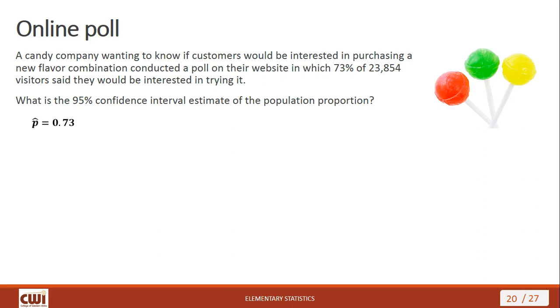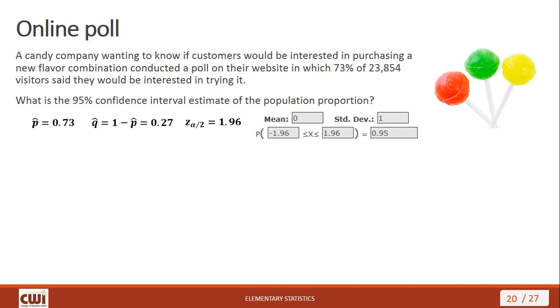Well, first we're going to get our point estimate, p hat, which is 0.73. This is the 73% who said they would be interested in trying it. The complement of that is going to be q hat, which is 0.27. We simply take the 0.73 and subtract from 1. Our critical value z-score is 1.96 because we're looking for a 95% confidence interval.